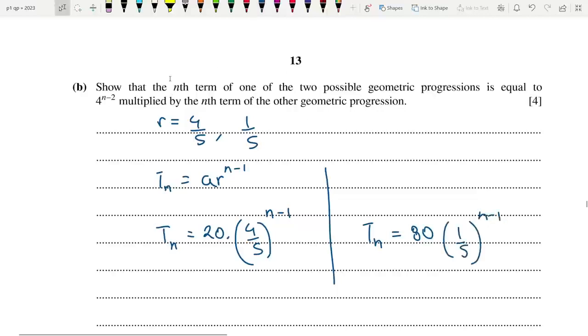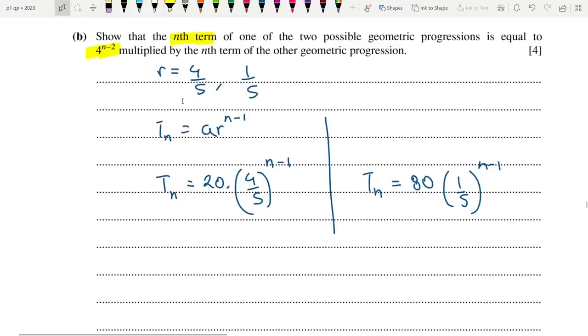Now what do we need to show? Show that the nth term of one of the two possible geometric progressions is equal to 4 to the power n minus 2 multiplied by the nth term of the other. Okay. So clearly, since this is smaller, and if you multiply 4 with 20, you end up with 80. This is probably possible.